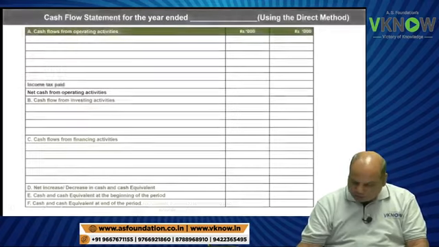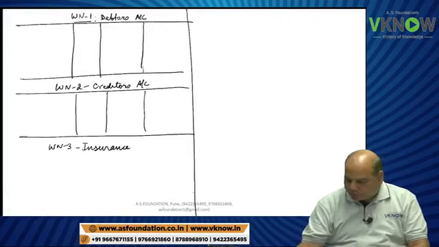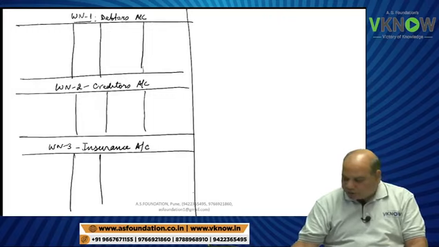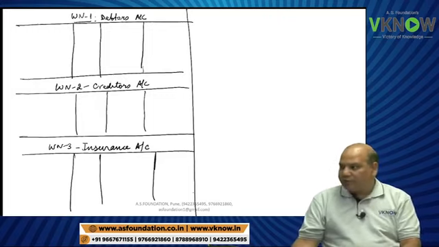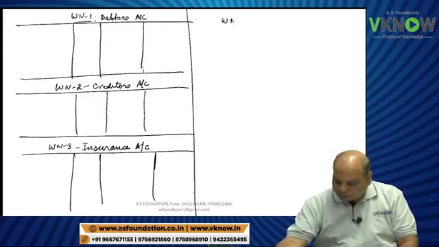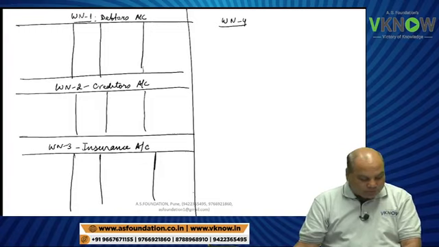Working note 3, prepaid insurance account. Write down insurance account. When there is a prepaid or outstanding, we'll prepare working notes to find out the balancing figure. Alternatively, you can prepare statements of plus and minus. Both are okay. We are more comfortable with accounts.